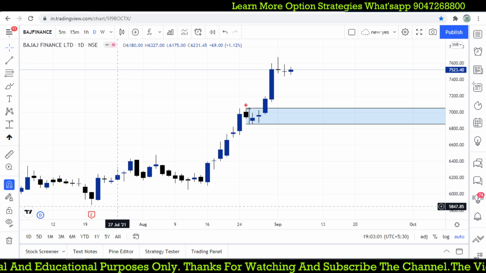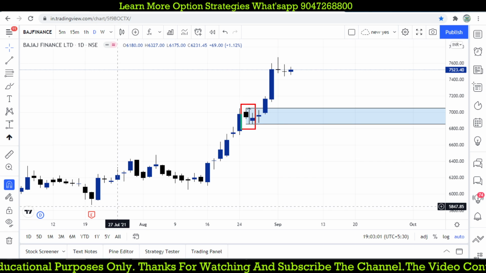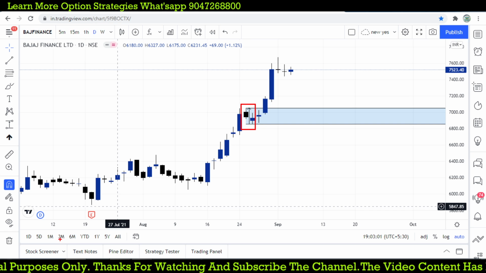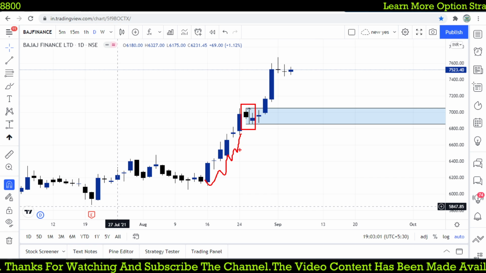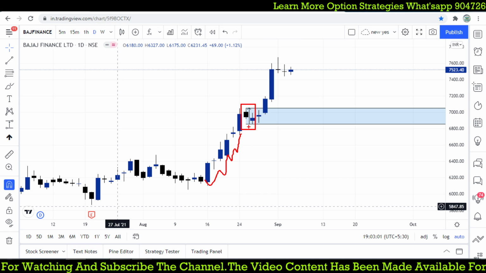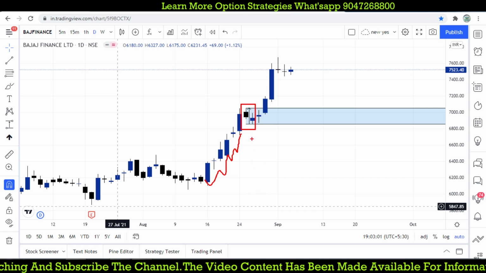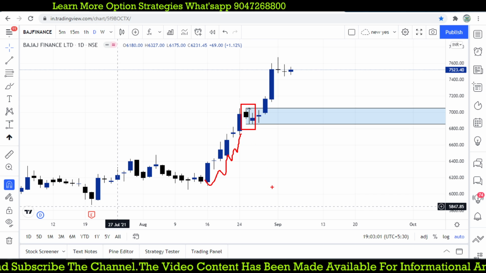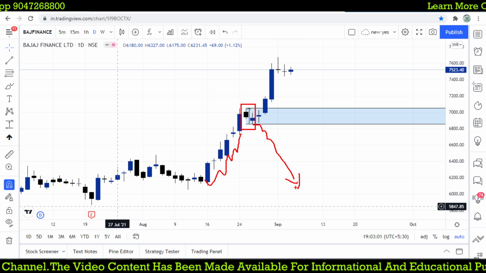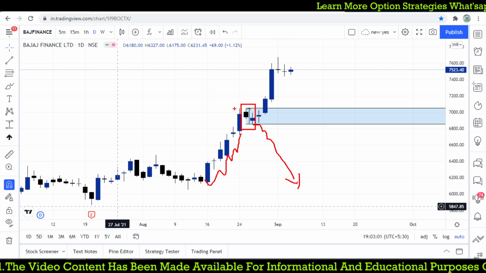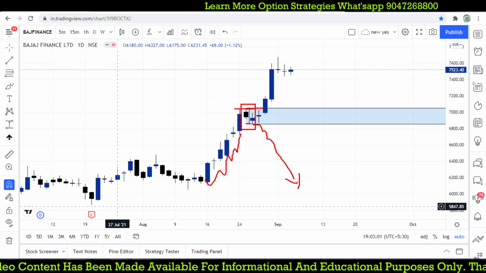So let's see, these two candlesticks are what I am discussing right now. The previous trend is going up, but this candle should be a bearish reversal, a bearish continuation pattern. So we expect bearish, but the market gives a breakout entry without breaking the low.